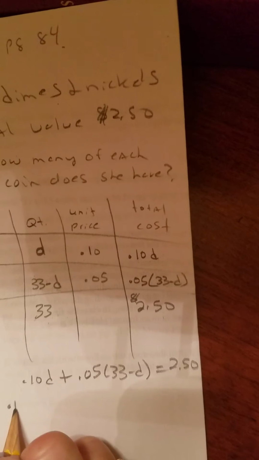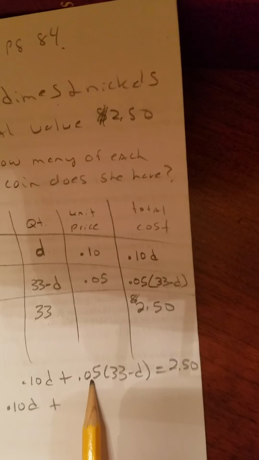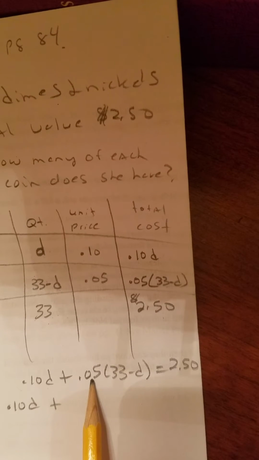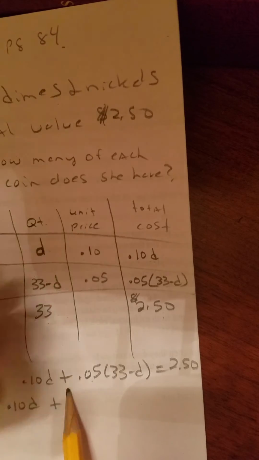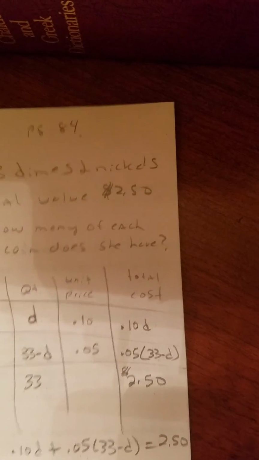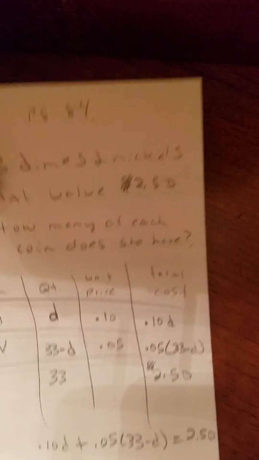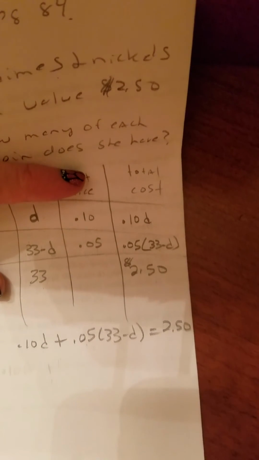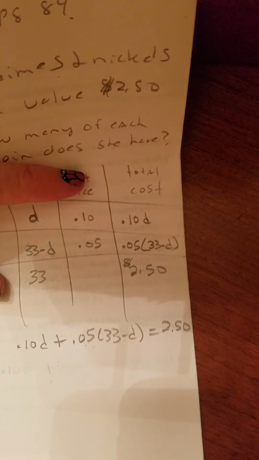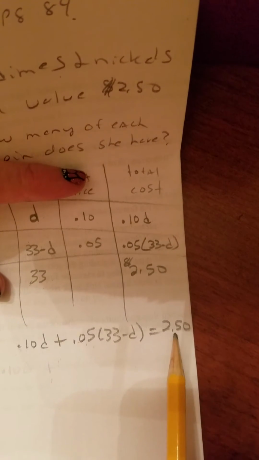So I'm going to write 0.10D plus 0.05 times the quantity 33 minus D equals 2.50. I'm going to distribute this 0.05 out. Now, what I could do before I do that, if you notice, we have decimals. I can get rid of the decimals by multiplying by what? By 100. Because remember, there's 2 numbers behind the decimal here, 2 numbers here, and 2 numbers here.